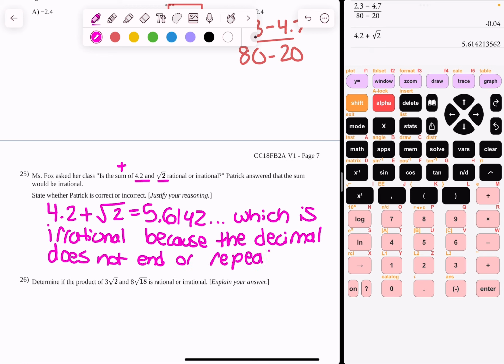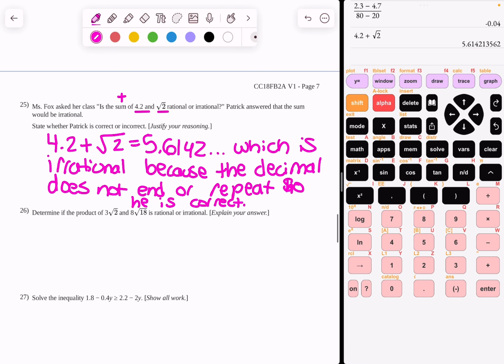And the rest of the question says that Patrick thought it was irrational. So we want to know, is he correct or incorrect? He is correct, because he did think irrational, and that's what we found.